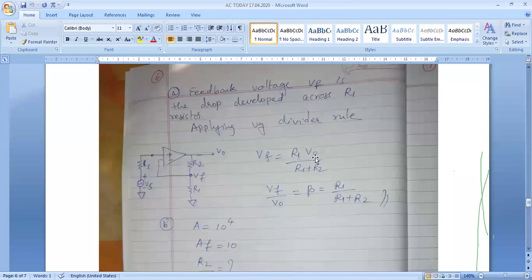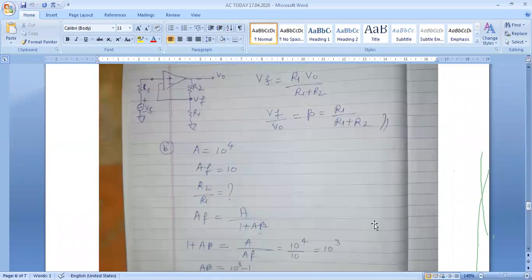So R1 into V0 divided by R1 plus R2 will give me the feedback voltage. Taking V0 to this side, Vf divided by V0, which is nothing but the feedback factor beta, equals R1 divided by R1 plus R2. That is the expression for the feedback factor.